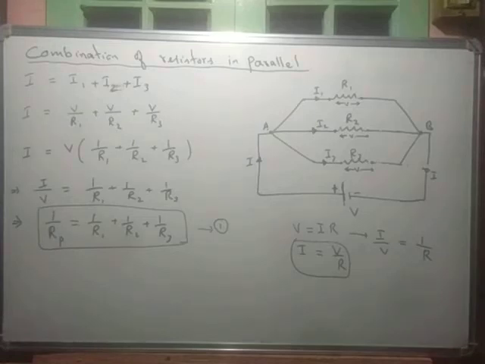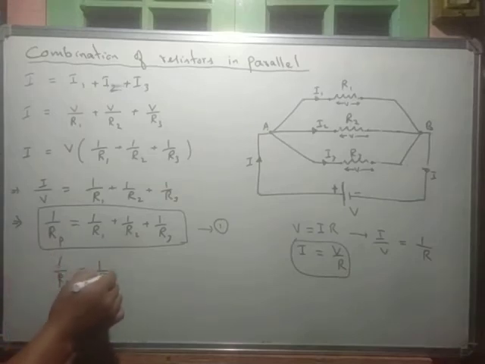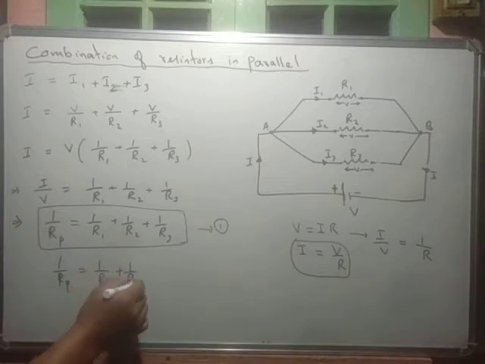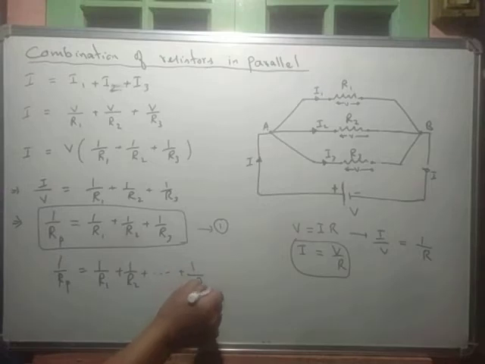Okay, so this equation 1 can be extended to any number of resistors. When you have n resistors connected in parallel, the total resistance can be written as 1 upon Rp is equal to 1 upon R1 plus 1 upon R2 plus and so on up to 1 upon Rn.